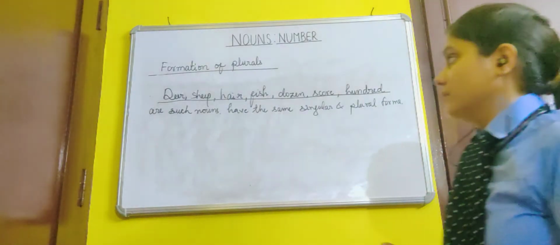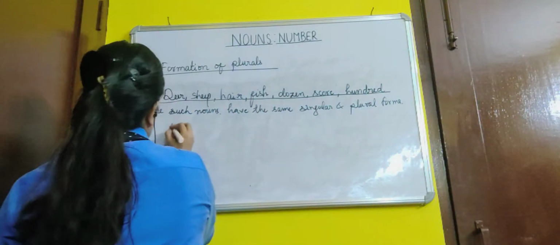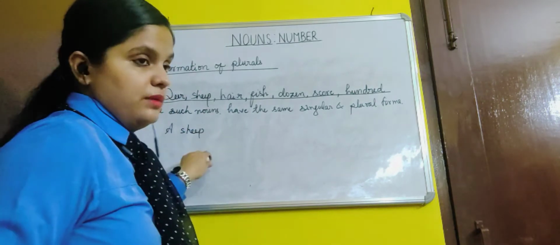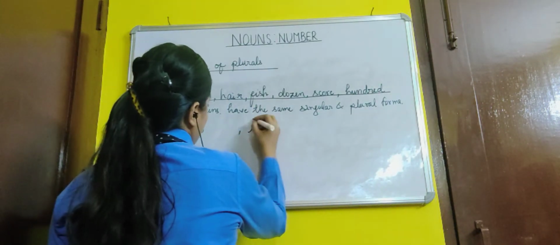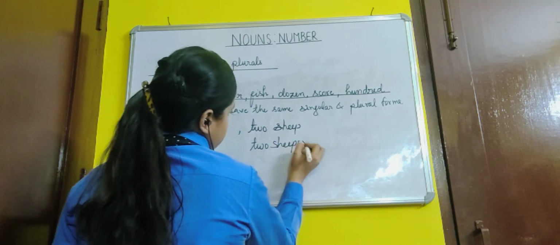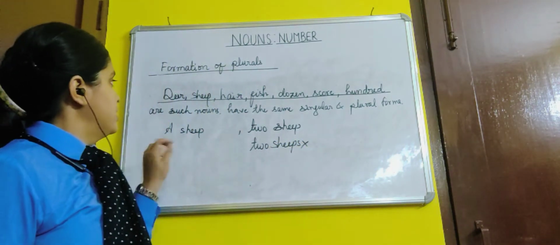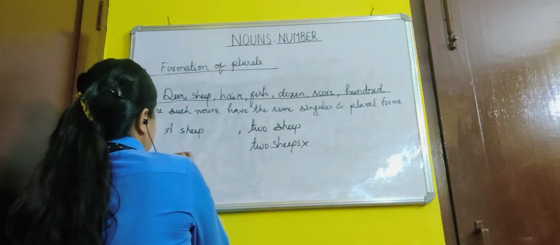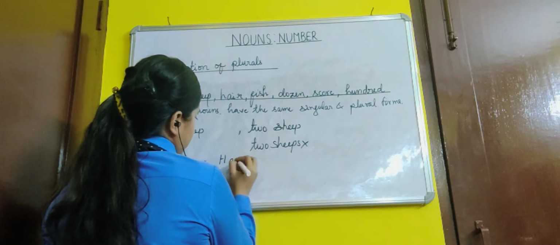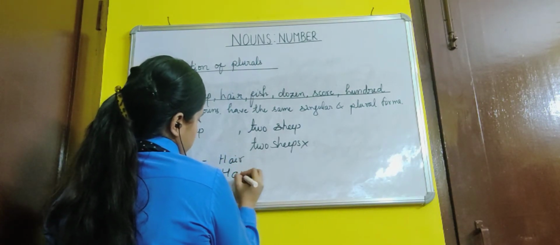Okay, like if you want to say one sheep, you will say sheep. Or if you want to say two sheep, we will say two sheep, not two sheeps.